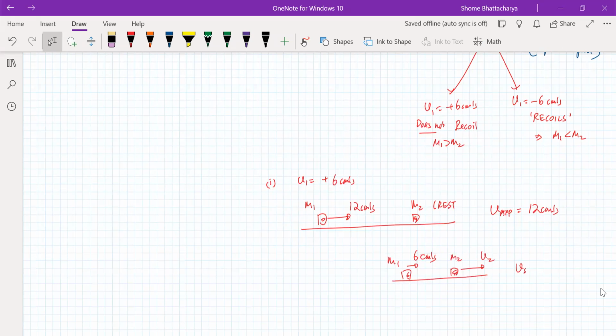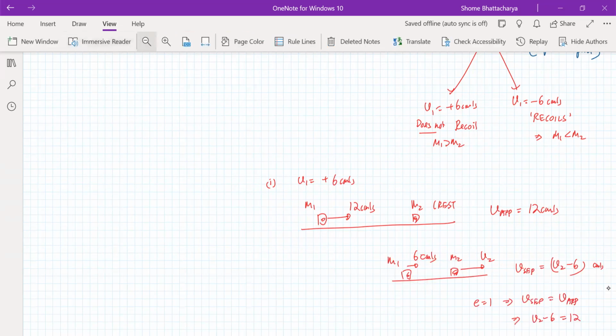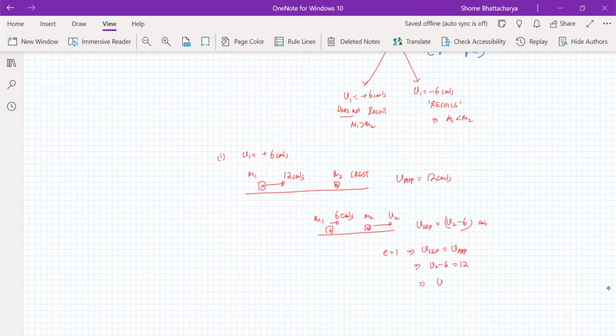So separation velocity here will become V2 minus 6. Now because e is equal to 1, separation velocity is equal to approach velocity. That means this separation velocity has to be 12. So in this case, V2 has to be how much? 18 centimeters per second. That's one thing.